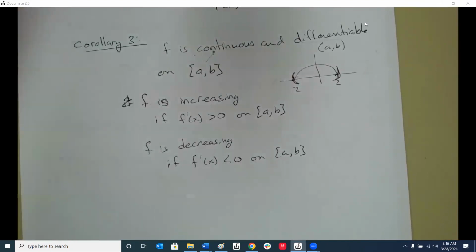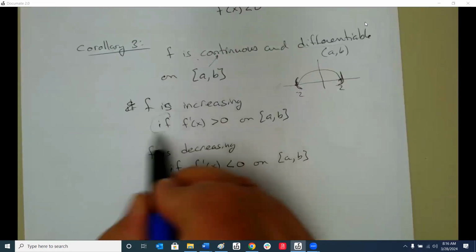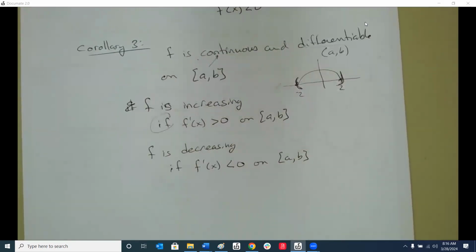Instead of if, I should be saying where it's positive or negative, because when is the only time it won't be positive or negative on a slope? If it's a horizontal line, if the slope is 0, then it's neither increasing or decreasing. So instead of if, I should be saying where the derivative is positive or negative.